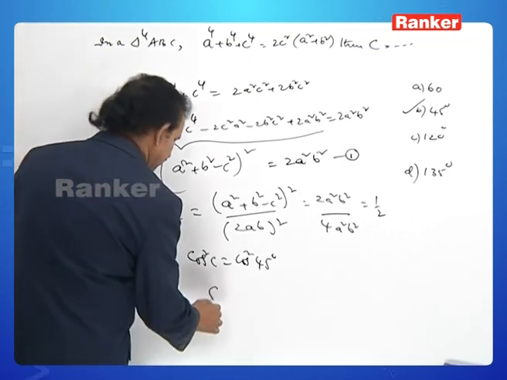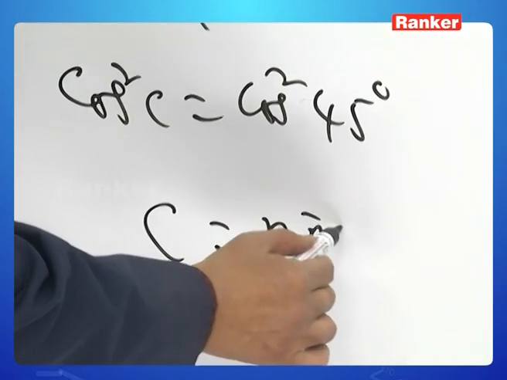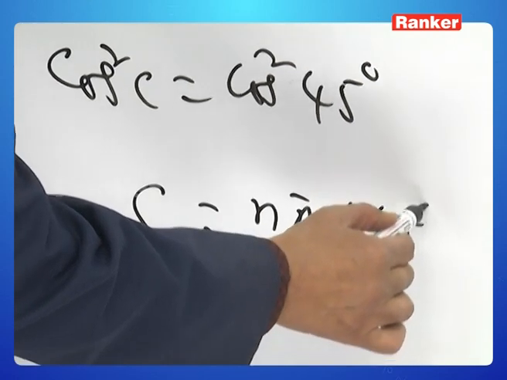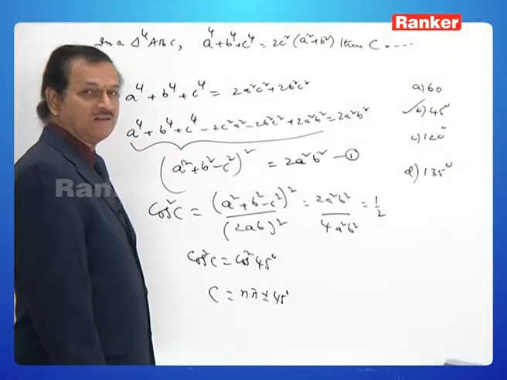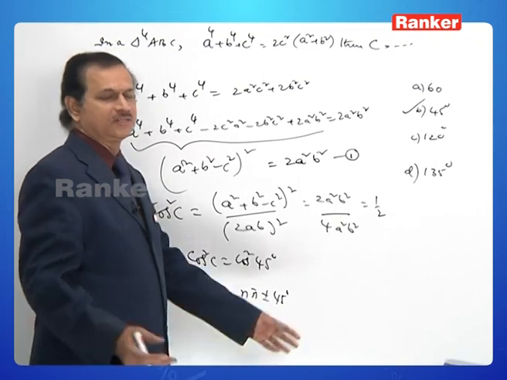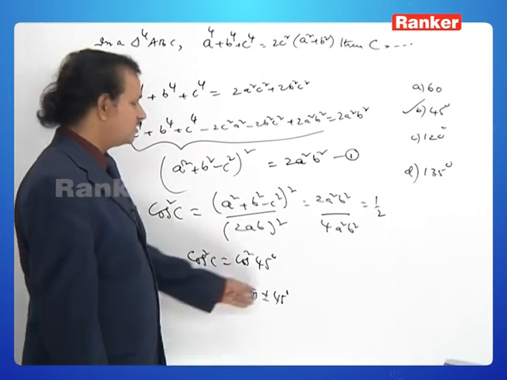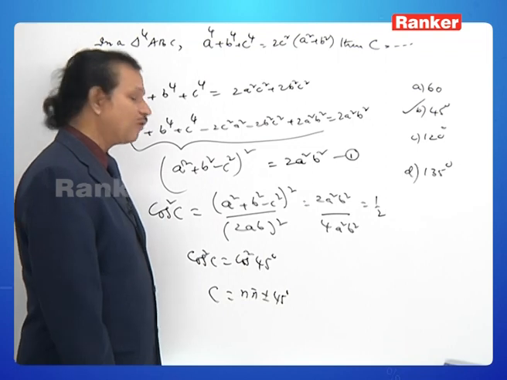So we have C is equal to n pi plus or minus 45 degrees. That is the general solution.